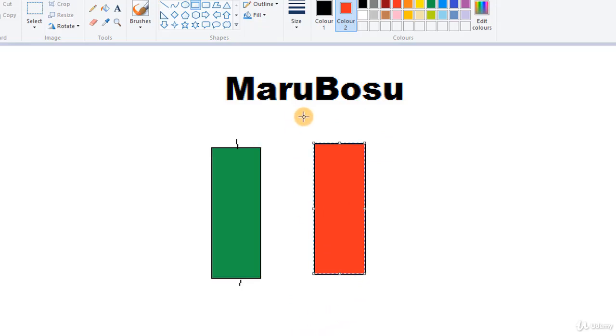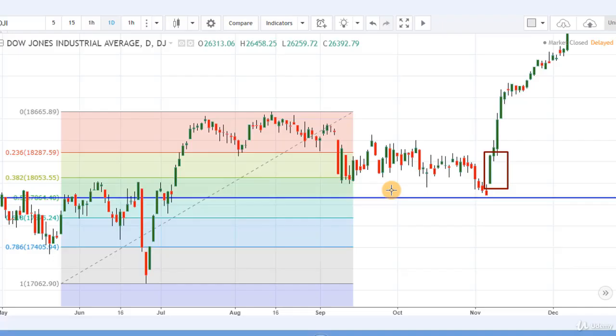Now, if you get a green Marubozu on a support or resistance, you should expect the price to go up, and in case of the red one, you should expect the price to go down. So I'm here with a chart for the Marubozu candle.